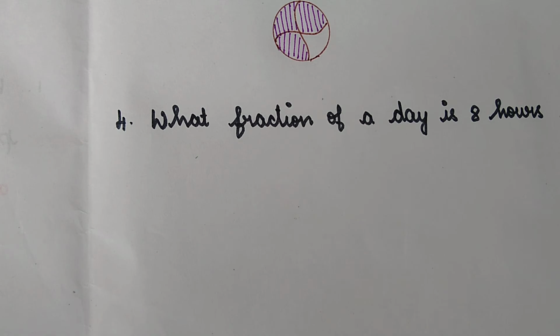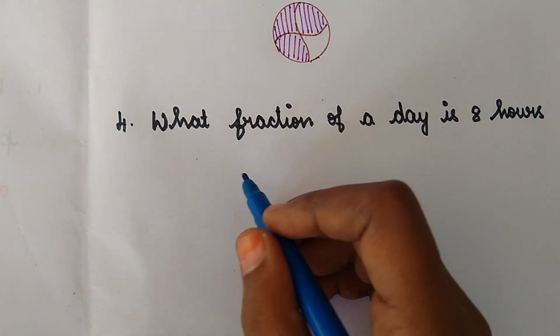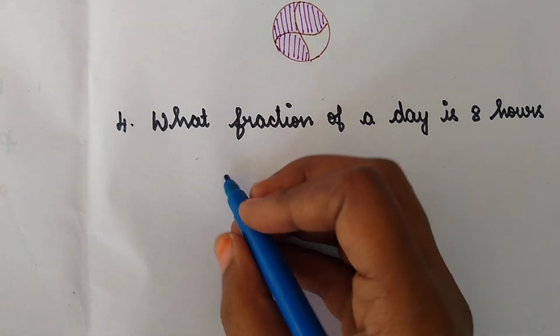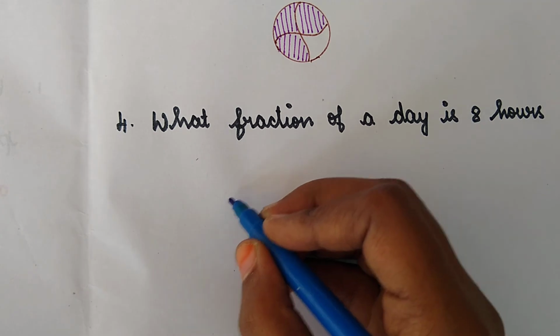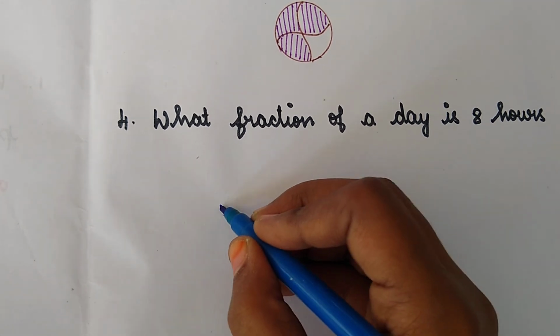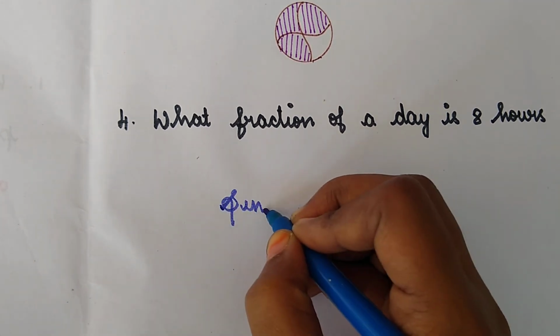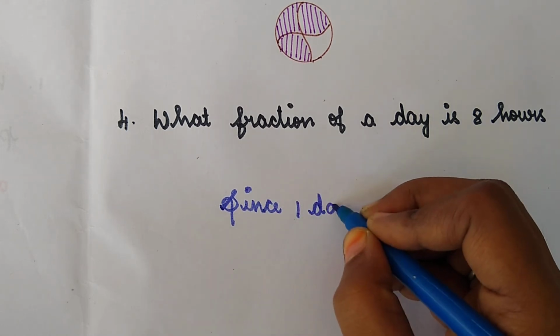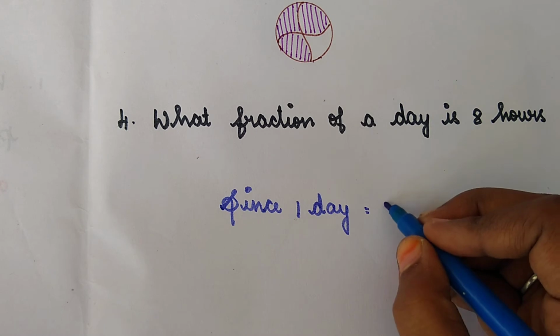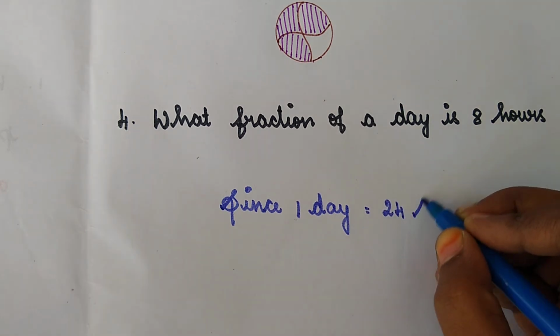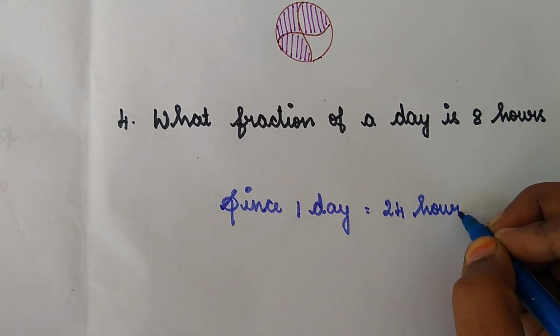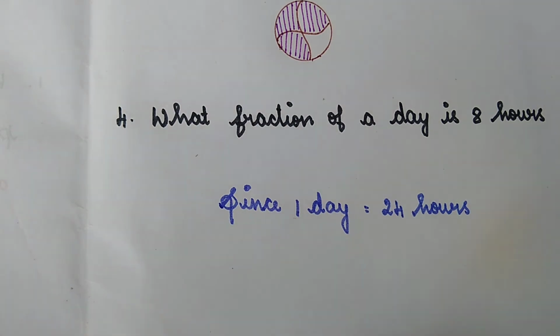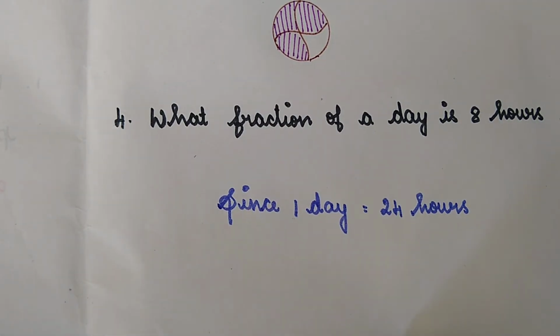Now, the number of hours in a day is 24. We know one day is equal to how many hours? 24 hours. So, we have to find the fraction for 8 hours.